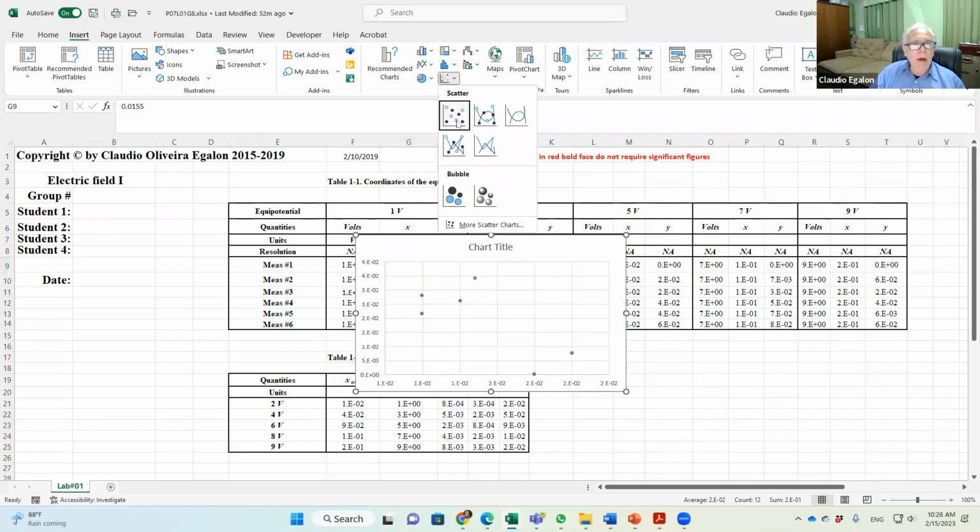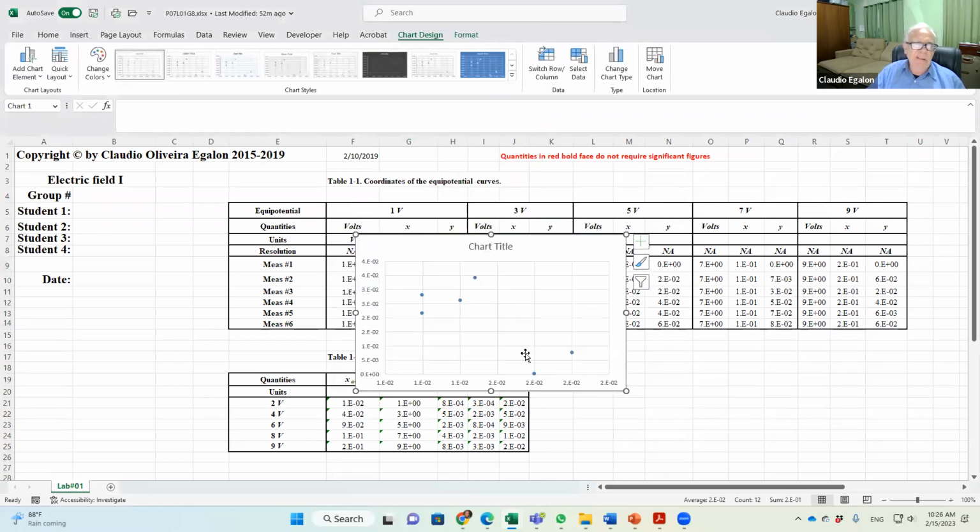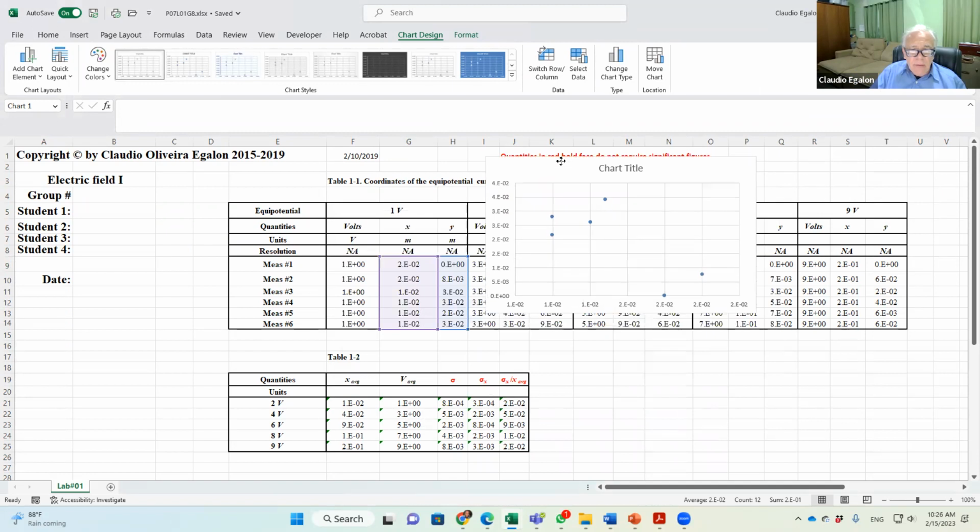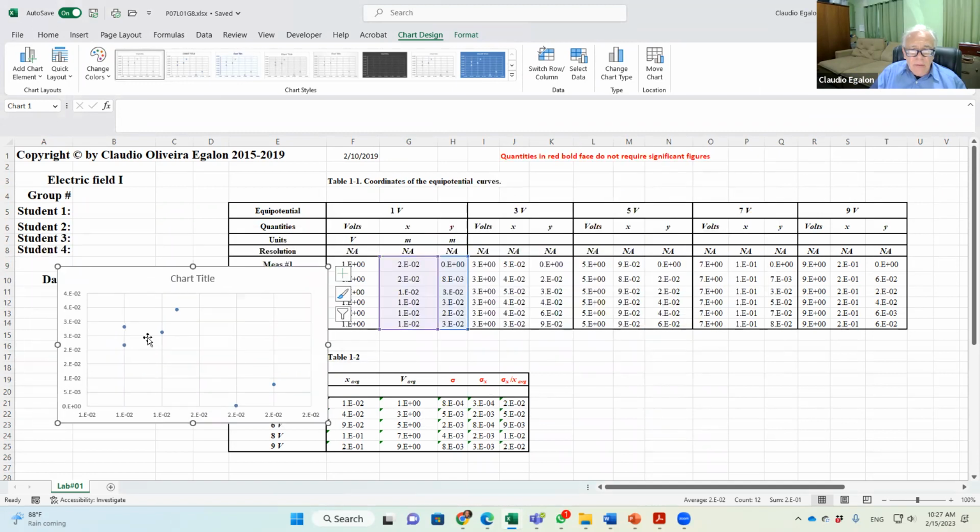Scatter plot and plot it. You're going to get something like that. Don't feel desperate about that. Notice that those measurements are very close to one another. It's not that bad, because being very close gives you the impression that the points are at random.